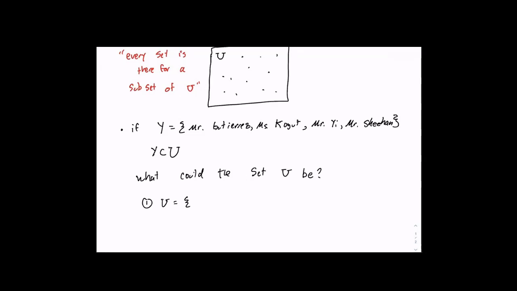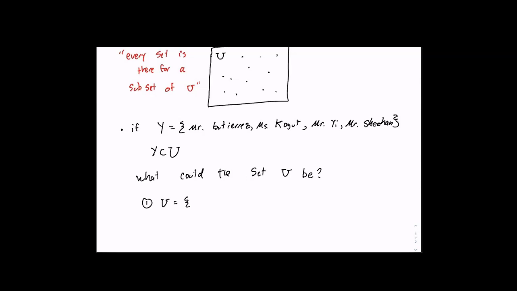So the elements are Gutierrez, Kogut, Yi, Xian. These elements are a subset of what? Of who? Who could we be interested in studying? Does anybody know at least two of these people beyond me? Okay, you know Ms. Kogut.